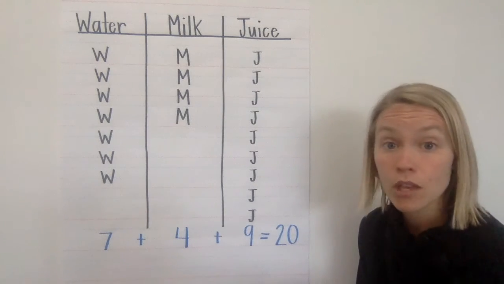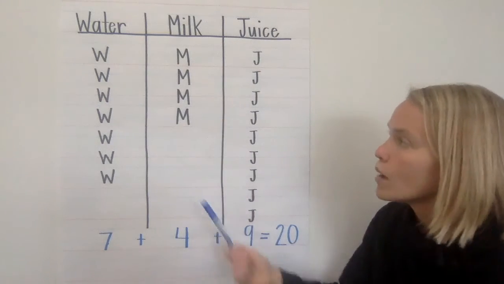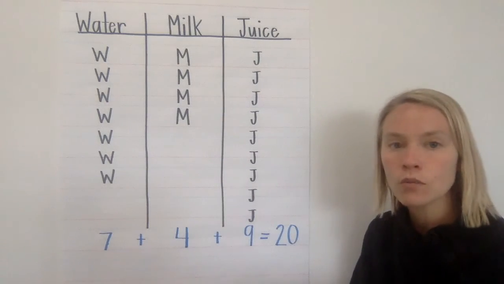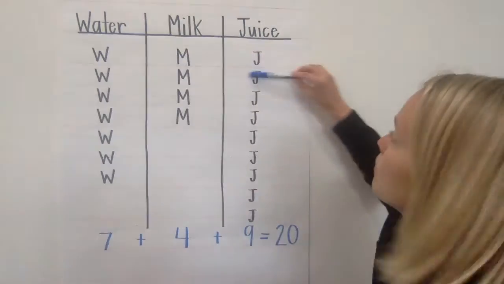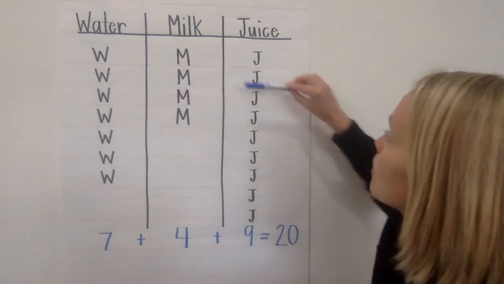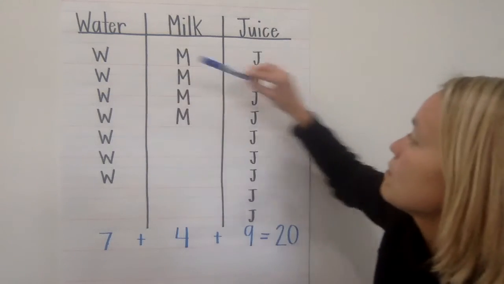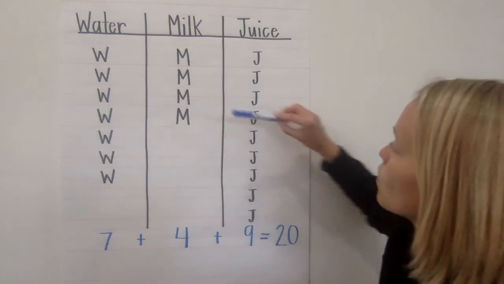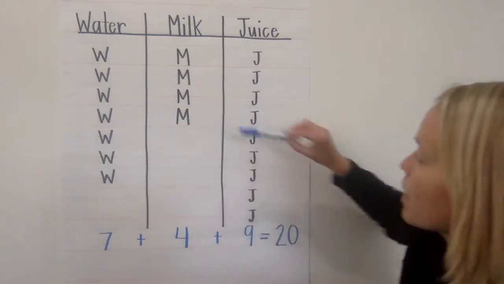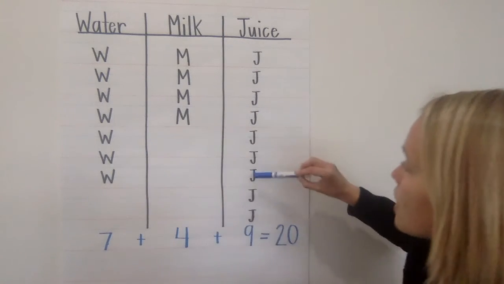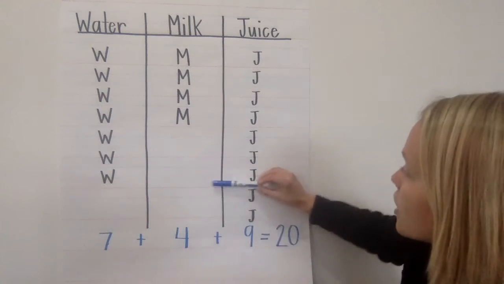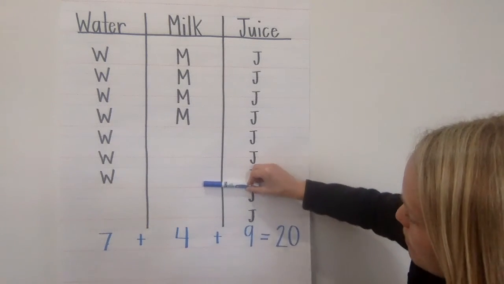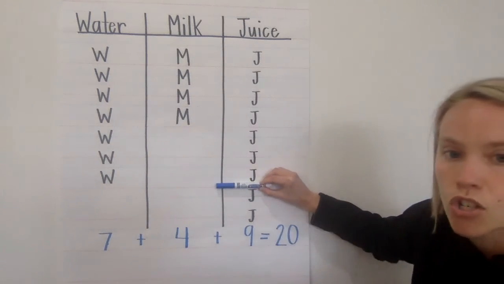Okay. Another way that we could do that is what we just did with milk and water. We can find where they're the same. So juice and water, they're the same, and they're still the same. They still have partners, and then, oh, this guy doesn't have a partner over here, so I'm going to put my marker here to show.